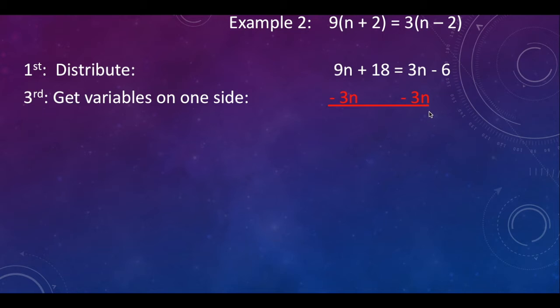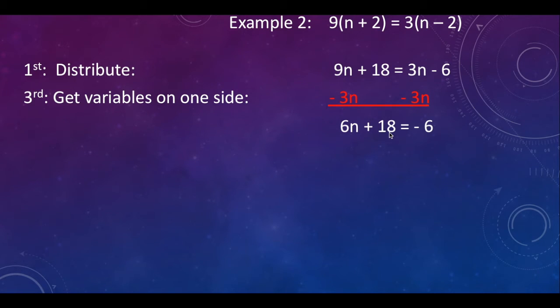It doesn't exist anymore. And then after we simplify, we get 6n, because 9n minus 3n is 6n. And bring down everything else, the plus, the 18, the equal sign, and then that negative 6 on the right-hand side.